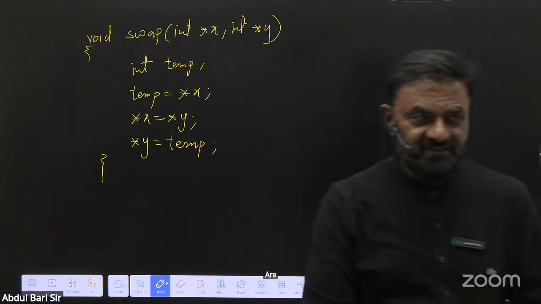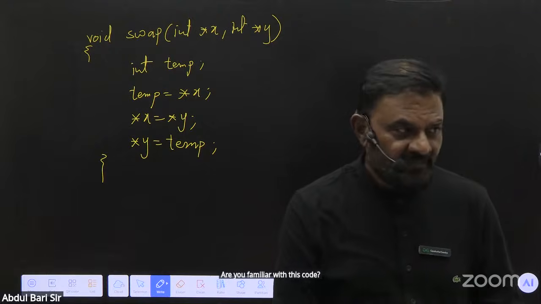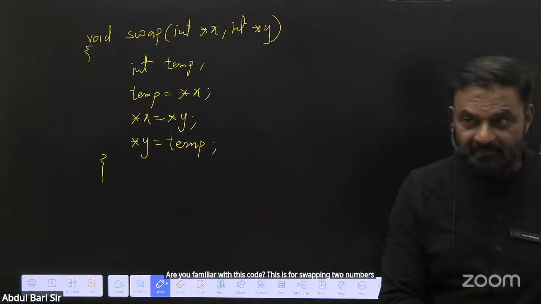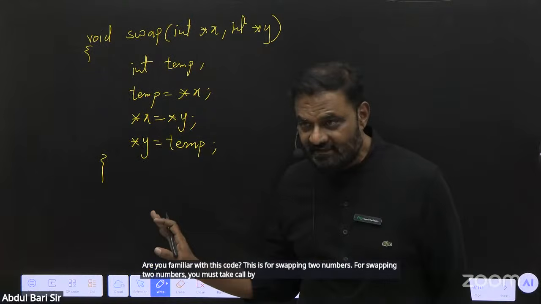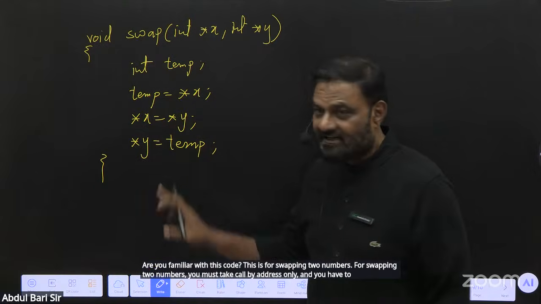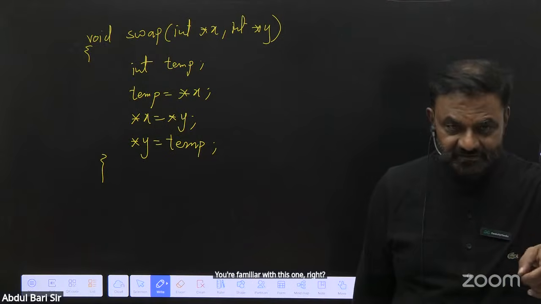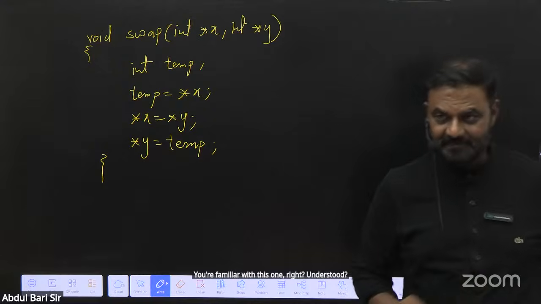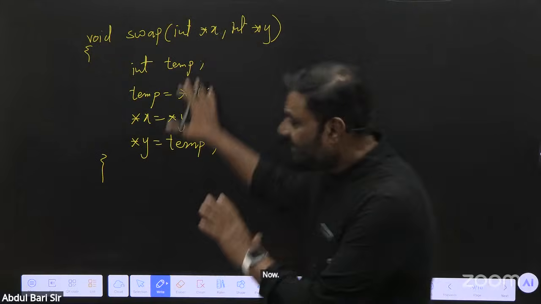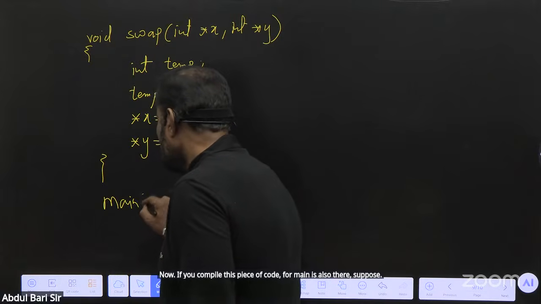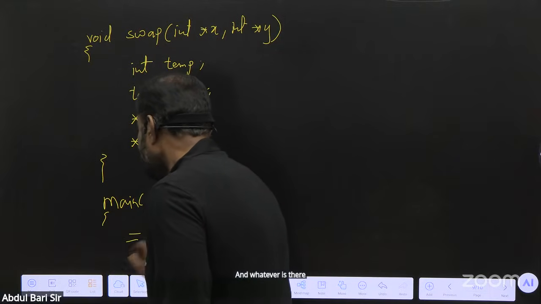Are you familiar with this code? This is for swapping two numbers. For swapping two numbers, you must take call by address only, and you have to write down a star everywhere. You're familiar with this one, right? Understood? Now, if you compile this piece of code, for main is also there, suppose, and whatever is there in main, everything is perfect.